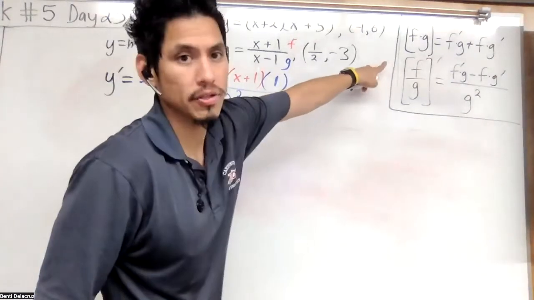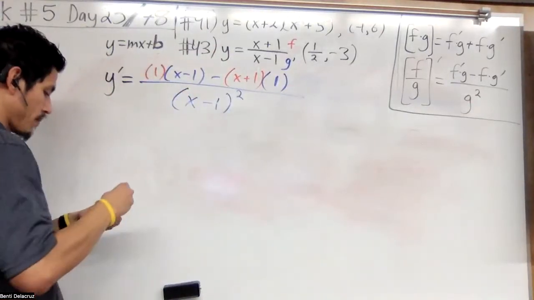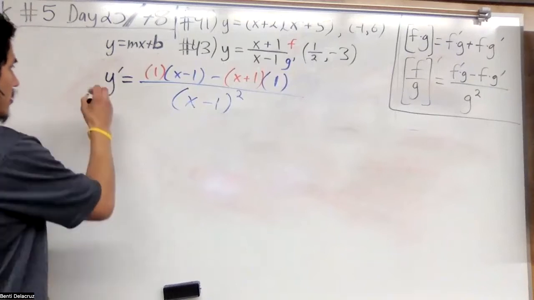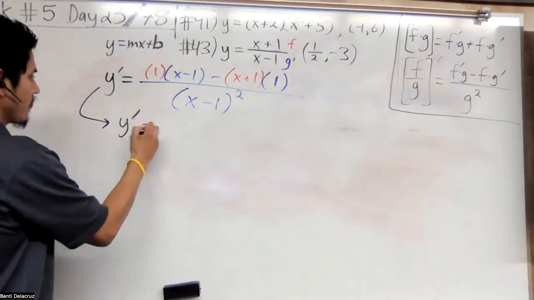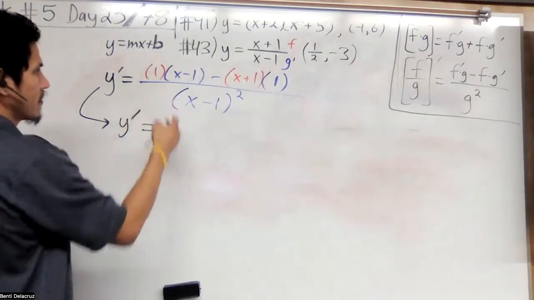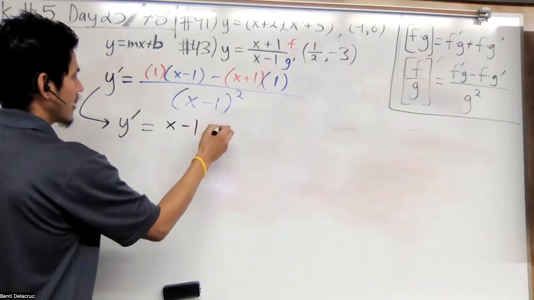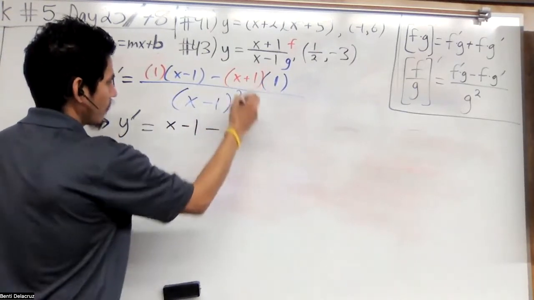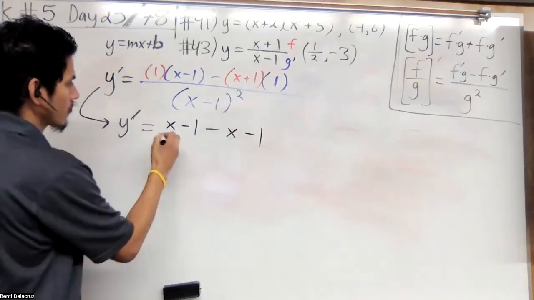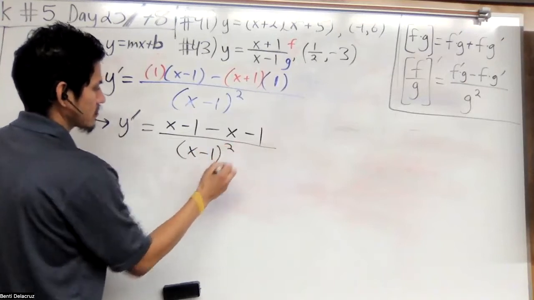Using the quotient rule, from here let me just use all those skills that we learned in our algebra classes. See, this is where it pays off. You can simplify this. 1 times x minus 1 is just x minus 1. Minus an x plus 1 times 1, that's just minus an x minus a 1. All over x minus 1 squared.